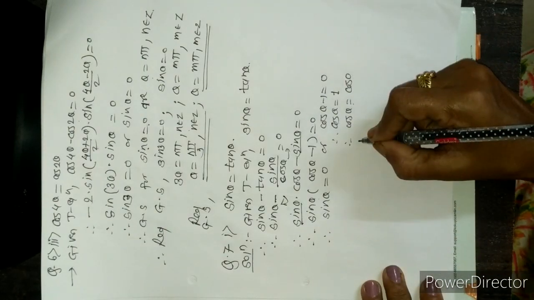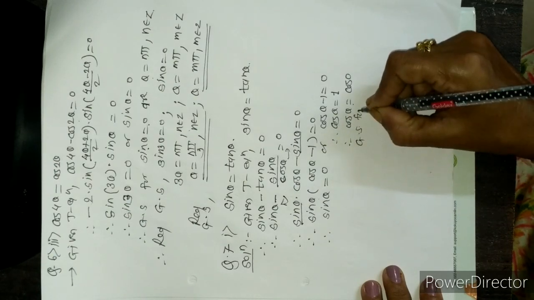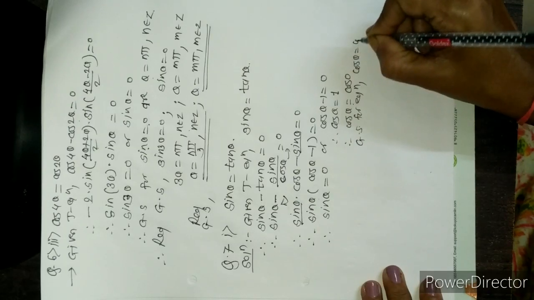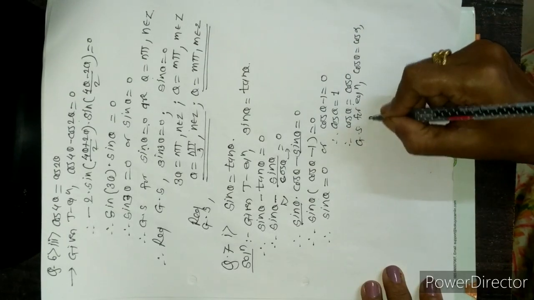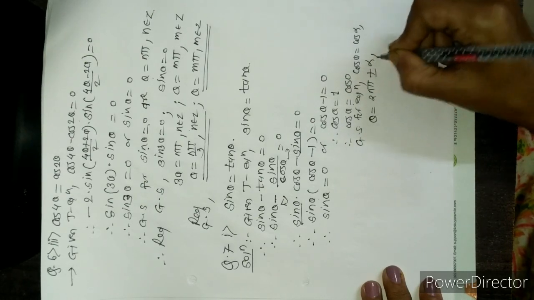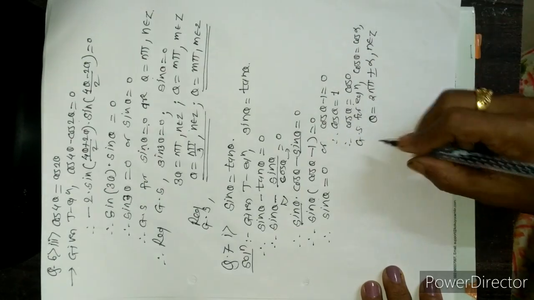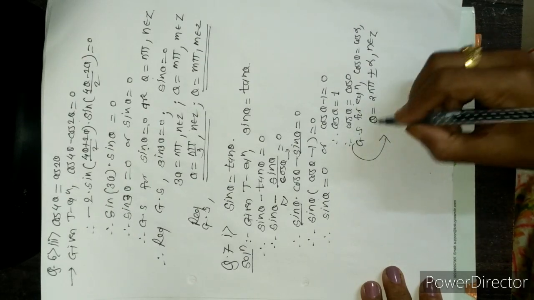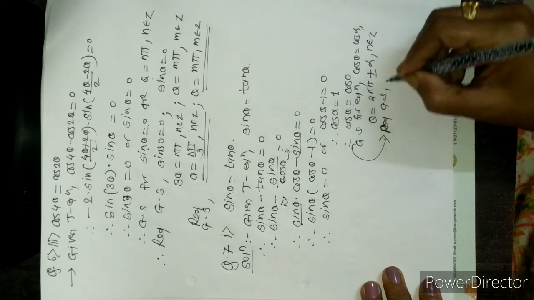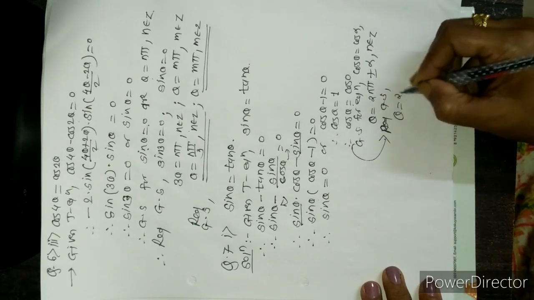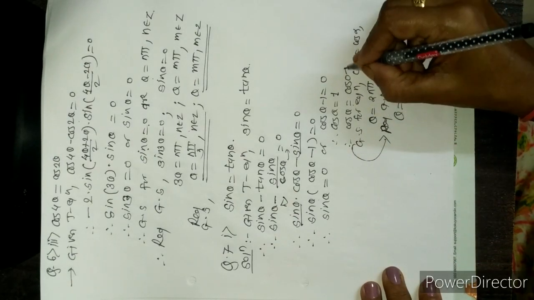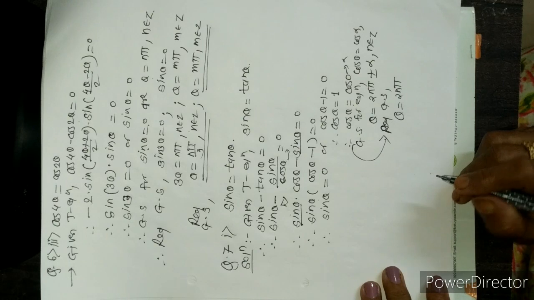So use the general solution for the equation cos theta equal to cos alpha. The general solution is theta is equal to 2n pi plus minus alpha, n belongs to Z. With the help of this, we take the required general solution: theta is equal to 2n pi, because alpha is equal to 0.